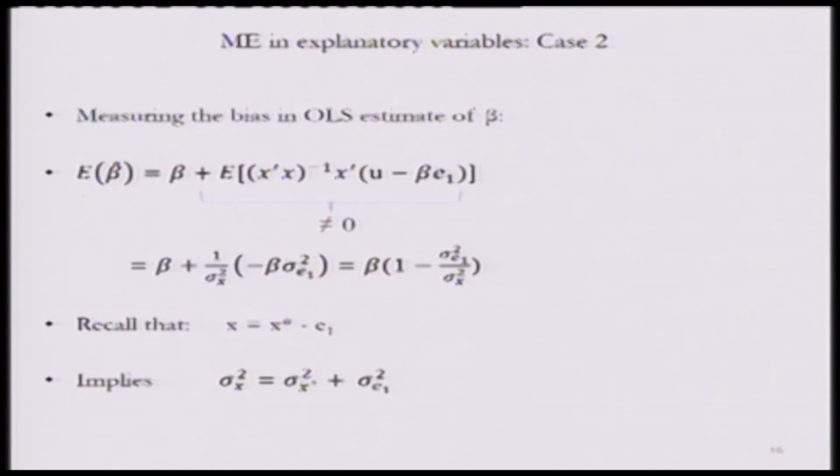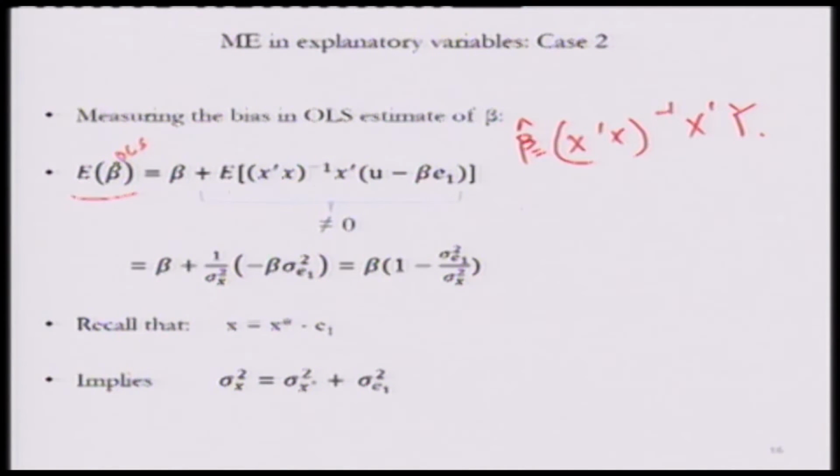We start with the expectation of beta hat OLS, of course. Basically we start with the condition that beta hat is equal to x prime x whole inverse x prime y, and what you see in the first equation is that we have just expanded y from the regression model.